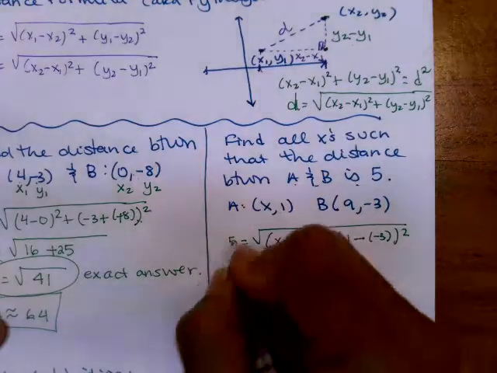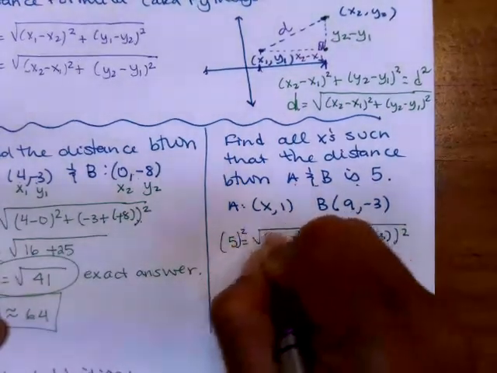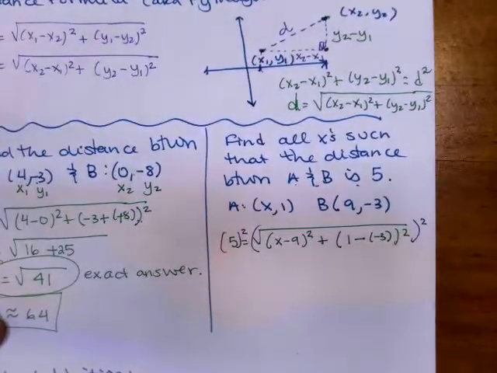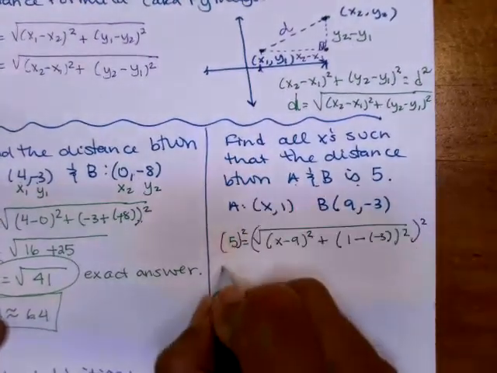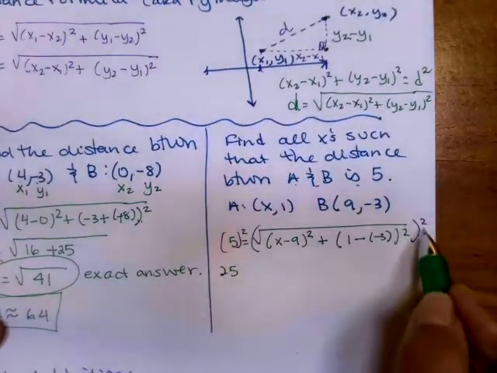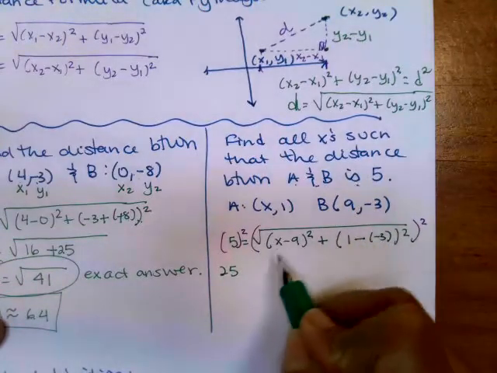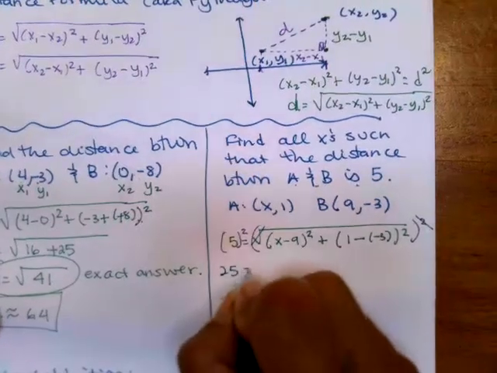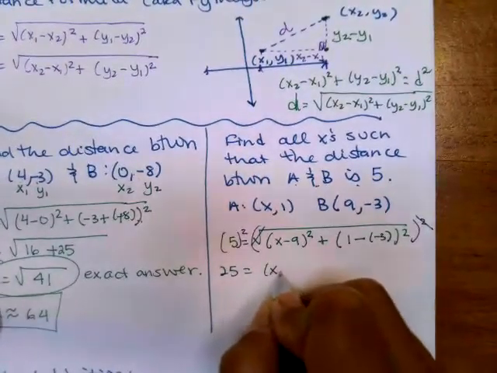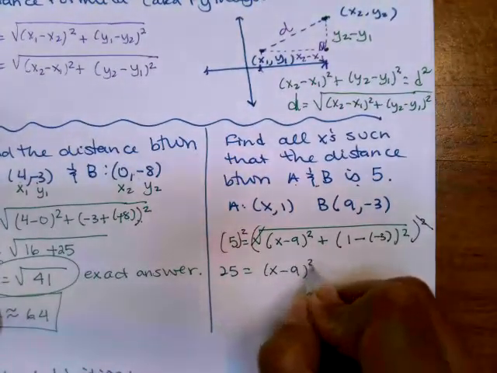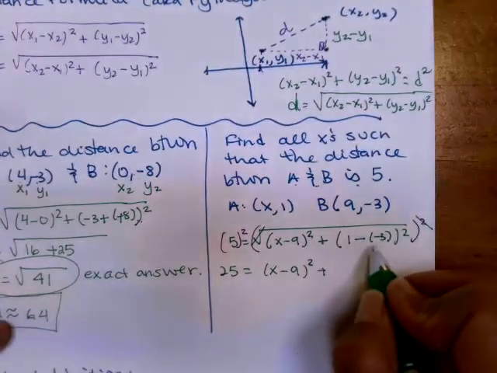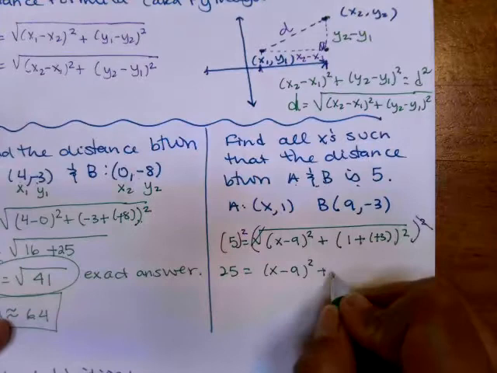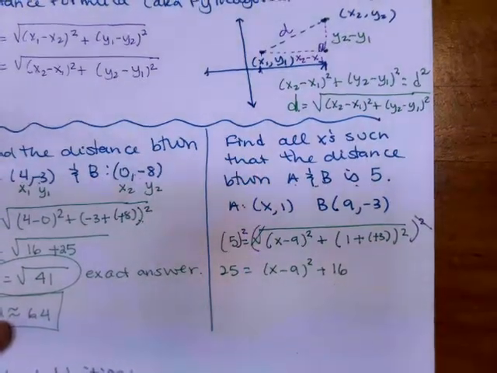I'm going to square both sides of my equation, which is a legal thing to do if I do it to both sides of the equation. 5 squared is 25. Now, because I'm squaring the entire square root, this is how we can cancel them. So now I have (x minus 9) squared plus, let's see, 1 minus -3, 1 plus 3, so that'll be 4 squared, so that'll be a 16.